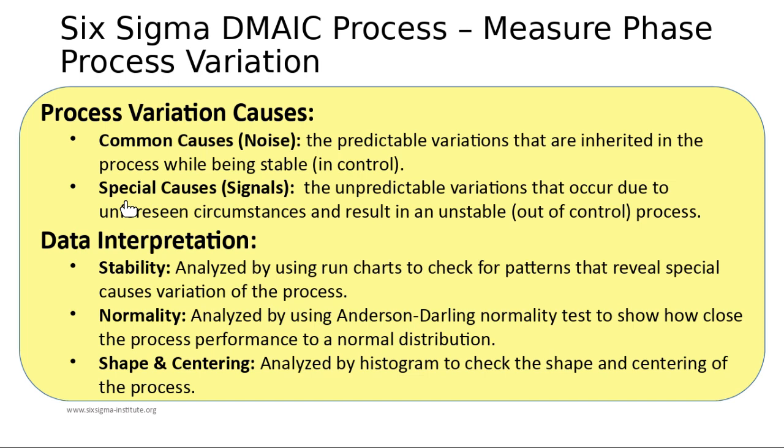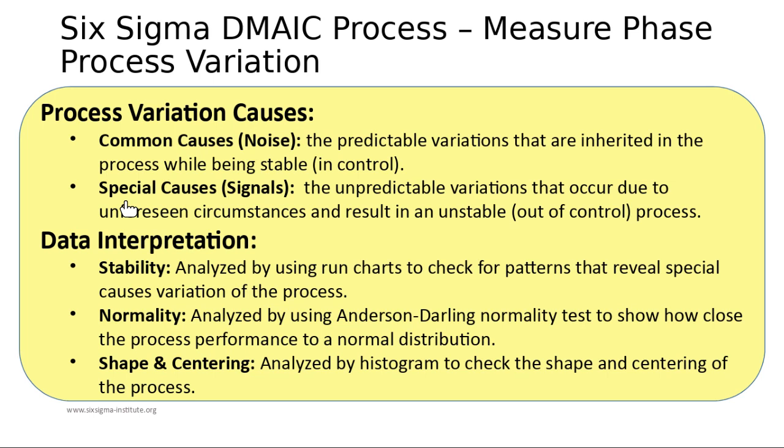So the differences between them are common causes of variation. Special causes are unpredictable, and usually exceed the specification limits. If it is exceeding the specification limits, then it is a special cause.